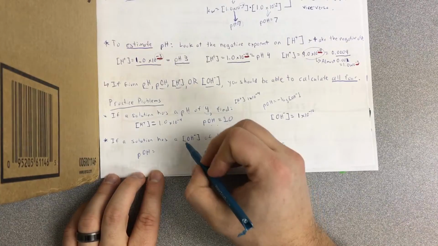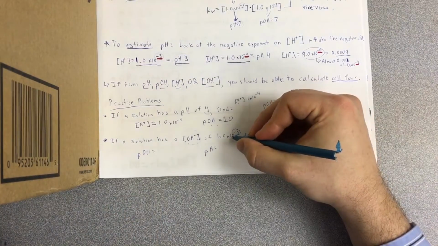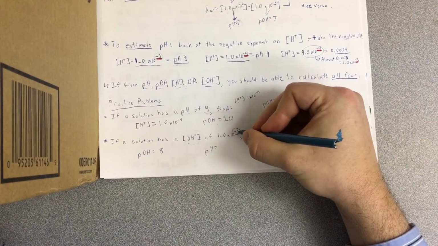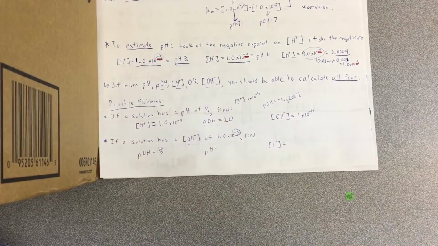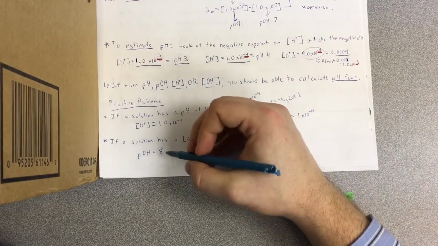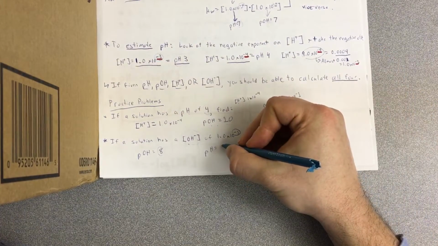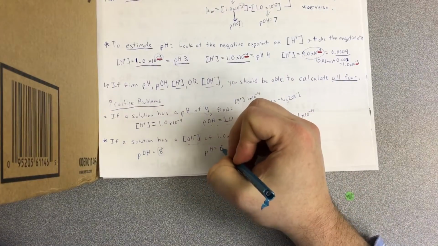So we would say that the pOH would then be 8. We just look at this exponent, take the negative of it, and that gives us our pOH value. We then know that pOH plus pH has to equal 14. So 8 plus what value equals 14? That gives us a pH of 6, because 6 plus 8 is equal to 14.